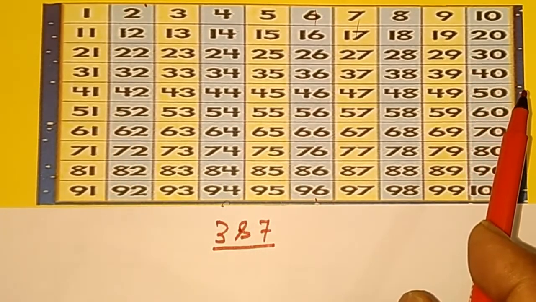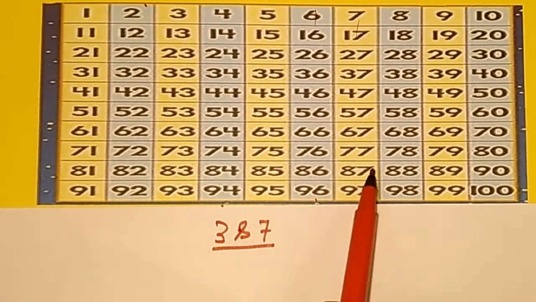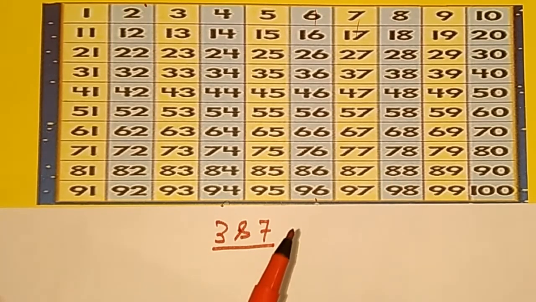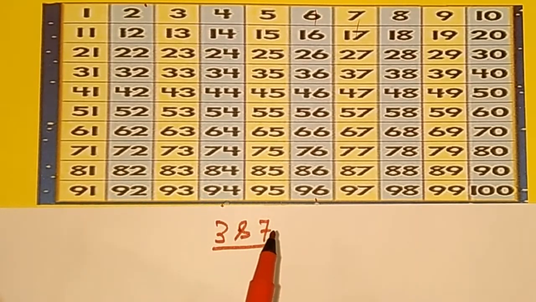Now the unit place is 1 or 3 or 5 or 7 or 9. From these numbers we have to check which are prime and which are not prime.